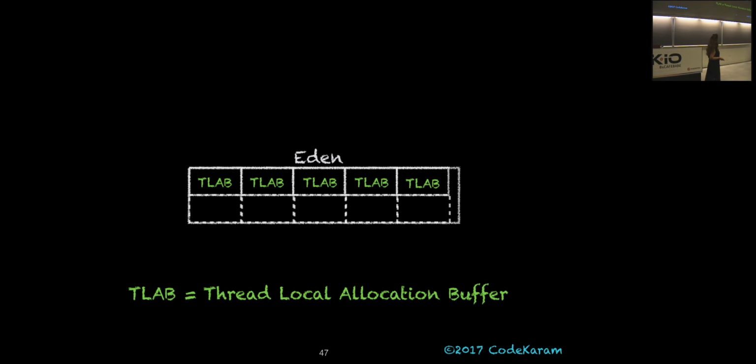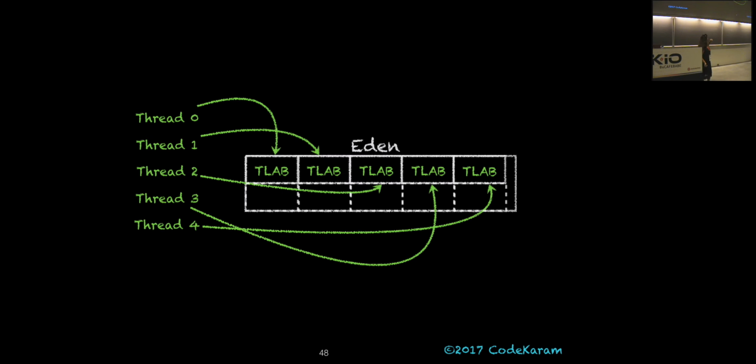So if I had to draw a simplified version here, I can show you that these are areas inside the Eden space. Okay, so I have 5 threads. I have 5 TLABs. At the start, they depend on the number of threads, but eventually it depends on the allocation patterns of these threads.